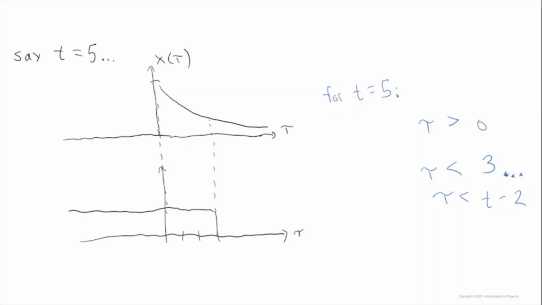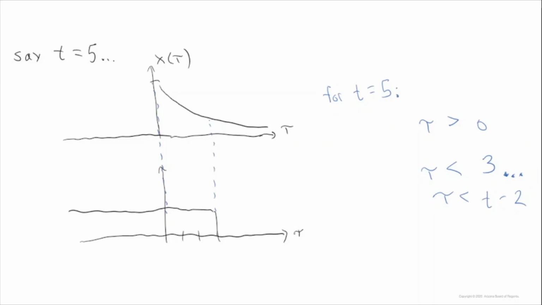As you can see, for t equals 5, the overlap begins at tau equals 0, and ends at tau equals 3. The lower limit will be 0, but the upper limit will vary depending on what t is. For t equals 5, the upper limit is tau equals 3, or tau equals t minus 2.